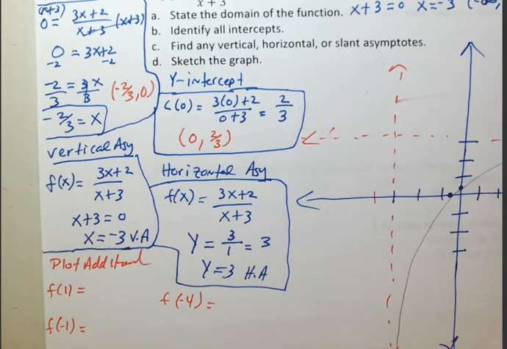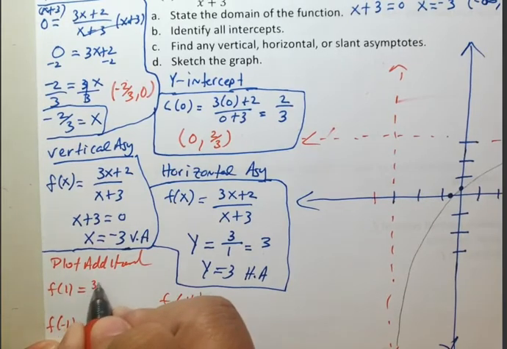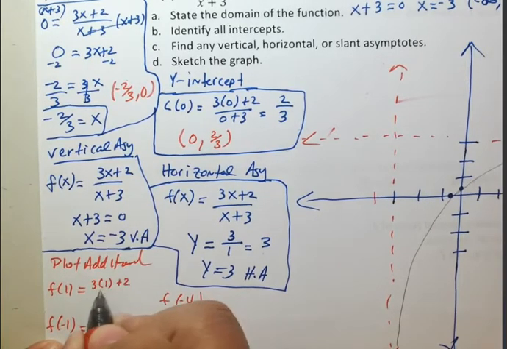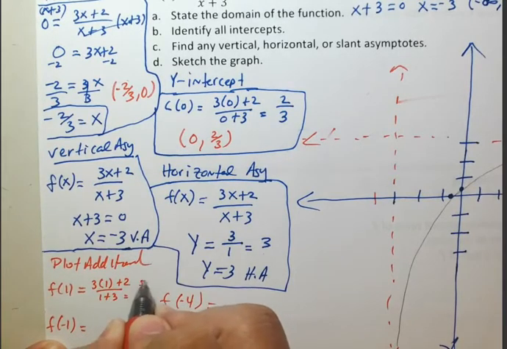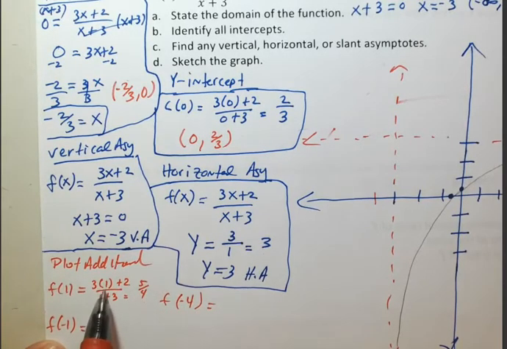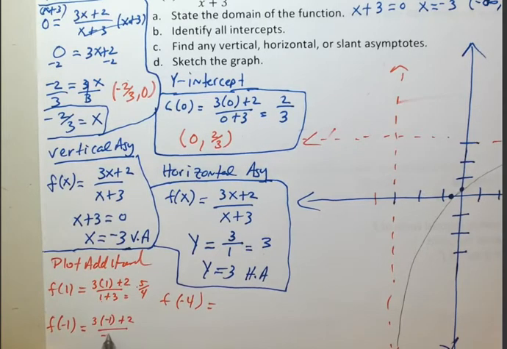So let's plug in the numbers. We have 3 times 1 plus 2, divided by 1 plus 3. So 3 plus 2 is 5, 1 plus 3 is 4. And then for negative 1, we get 3 times negative 1 plus 2, over negative 1 plus 3. Negative 3 plus 2 is negative 1.